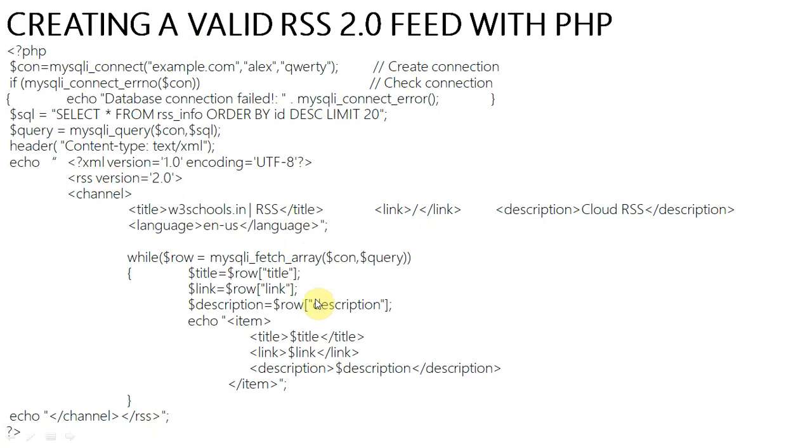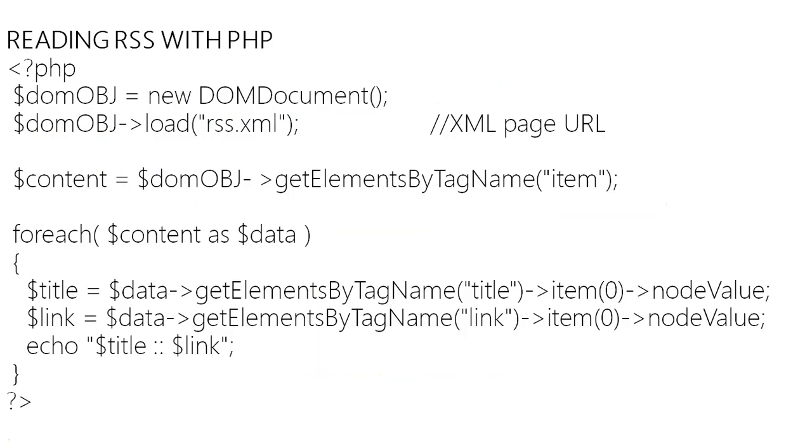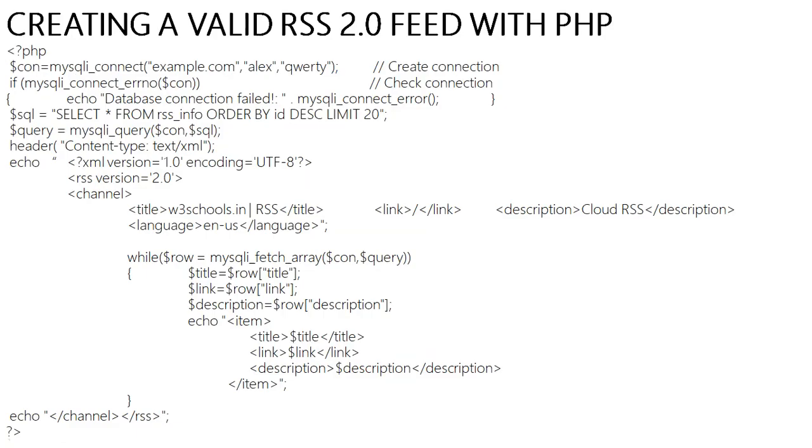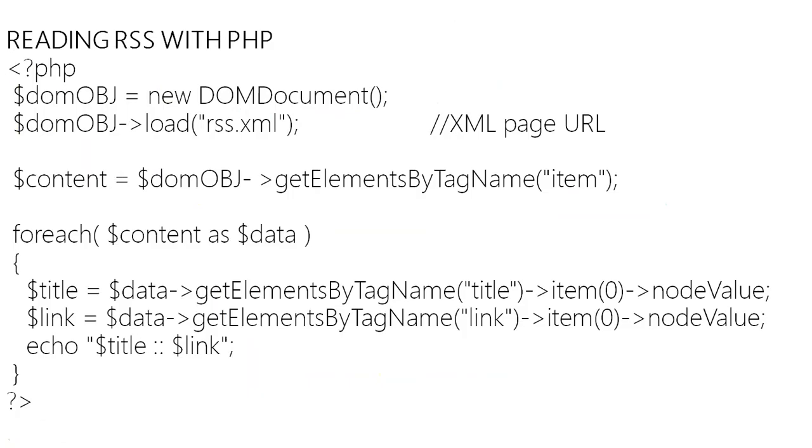So this is the XML form, and now we have another program. In the previous program we collected data from the database and then converted it into XML form. But the reverse of that program is this program.